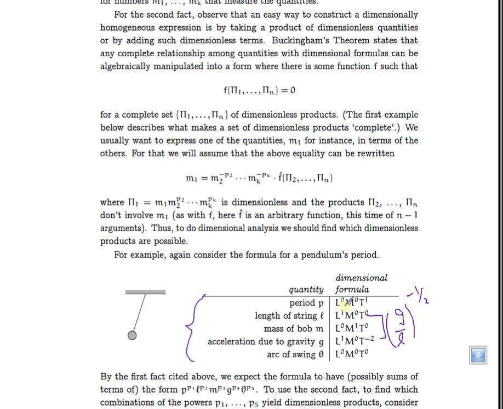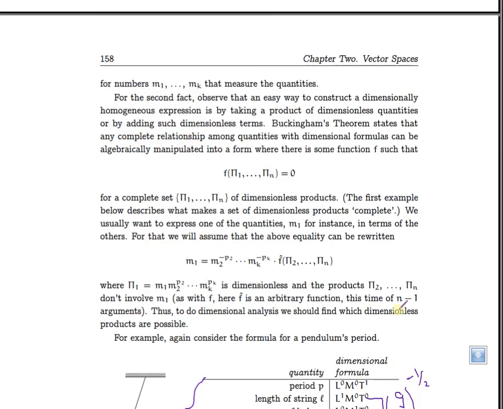Now, this doesn't tell me that the period is exactly equal to g over L to the minus 1/2. But it does tell me that the formula for the period is going to have to depend on this quantity in some essential way. Because this is the only way to get a physical quantity whose units agree with the units of the period.